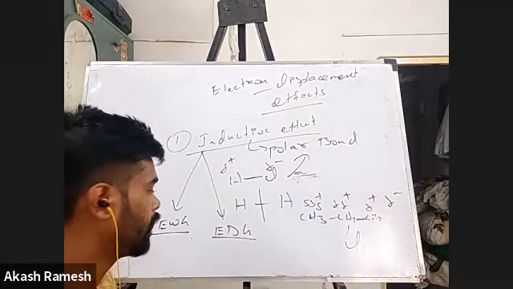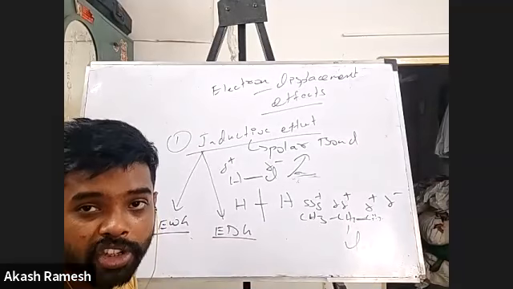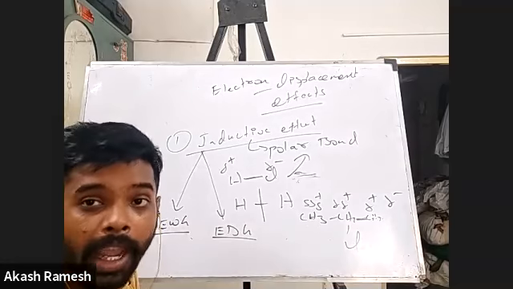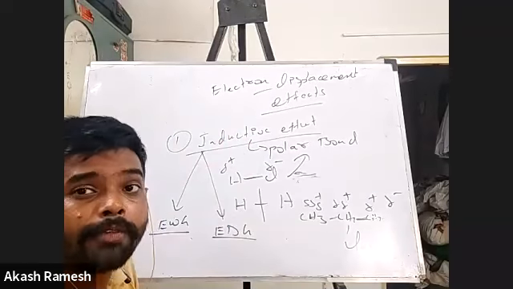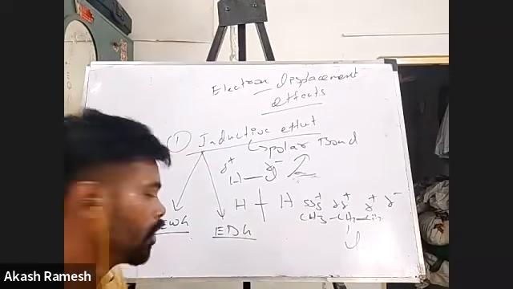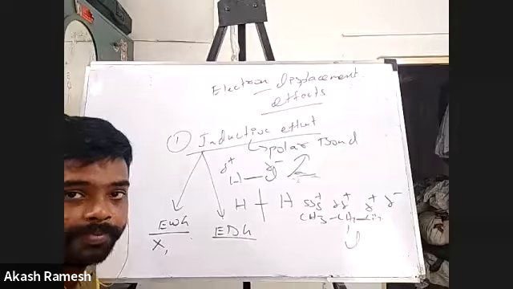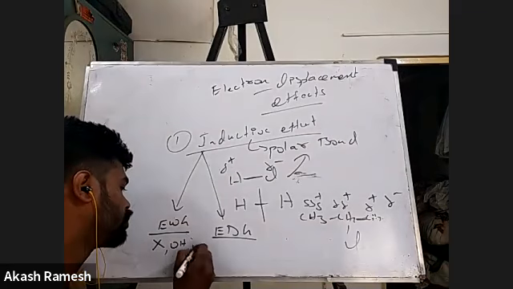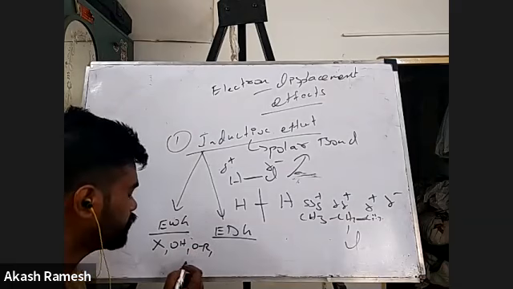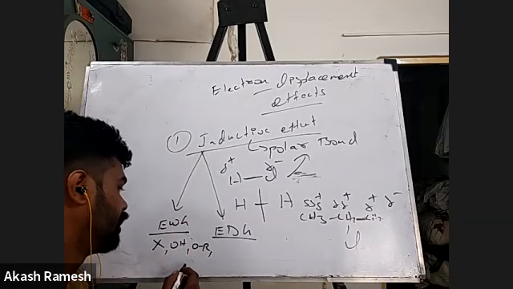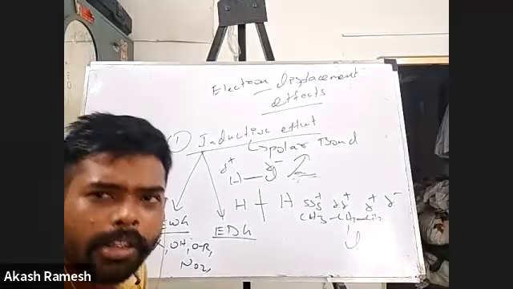Whenever you see highly electronegative elements or groups like OH, even NO2, all these are going to be electron withdrawing groups. Examples of electron withdrawing groups: all halogens, OH, OCOR, maybe carbonyl, and NO2.